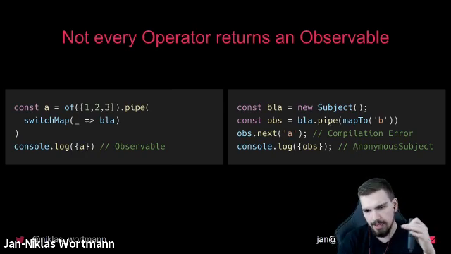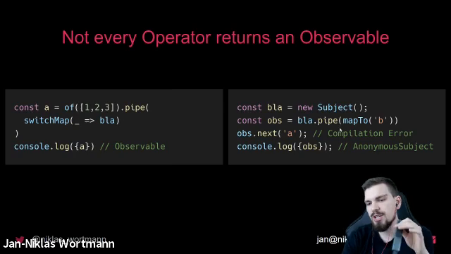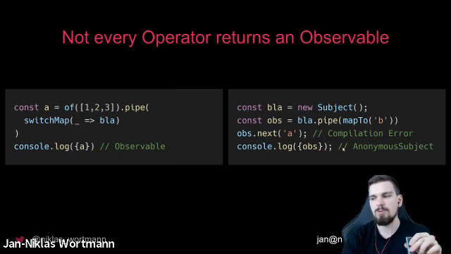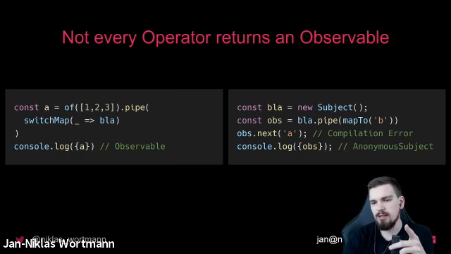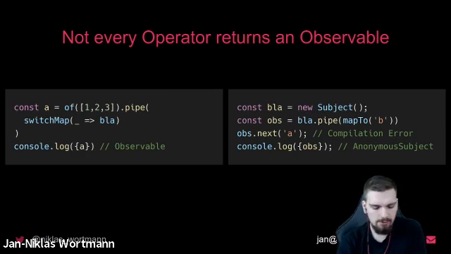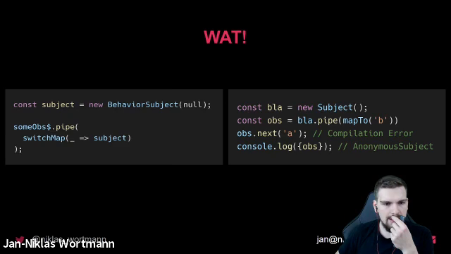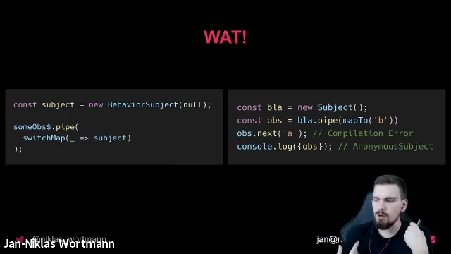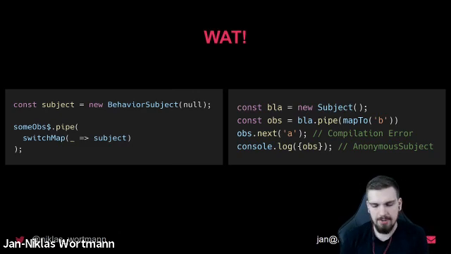But if you apply an operator on that subject, you will get a subject instance out of it, even though TypeScript will think, wait, this is an observable. And this is a big problem right now, from my point of view. And this is kind of weird. Why don't we as the RxJS core team just fix the typings for that, right?